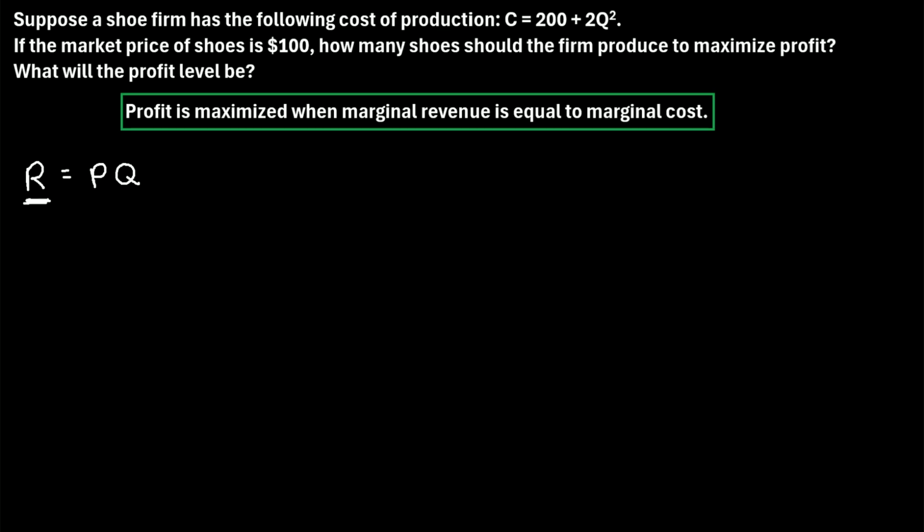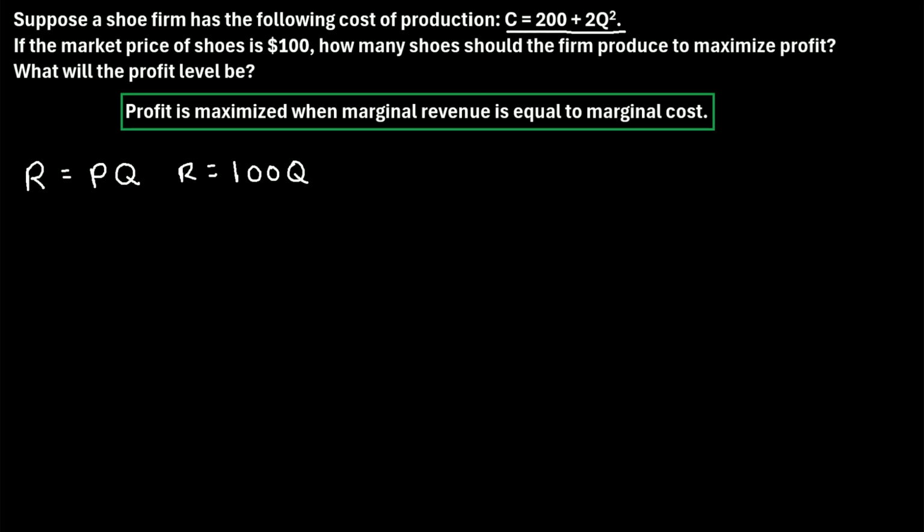So the revenue, the amount of money that a firm will bring in, will be equal to the price that they sell the good for times the quantity of that good. So P times Q. So we're told that P, the market price of shoes, is $100. So what we can write is R, revenue, is equal to 100 times Q. So the amount of revenue they'll earn is equal to $100 times Q, the quantity that they sell.